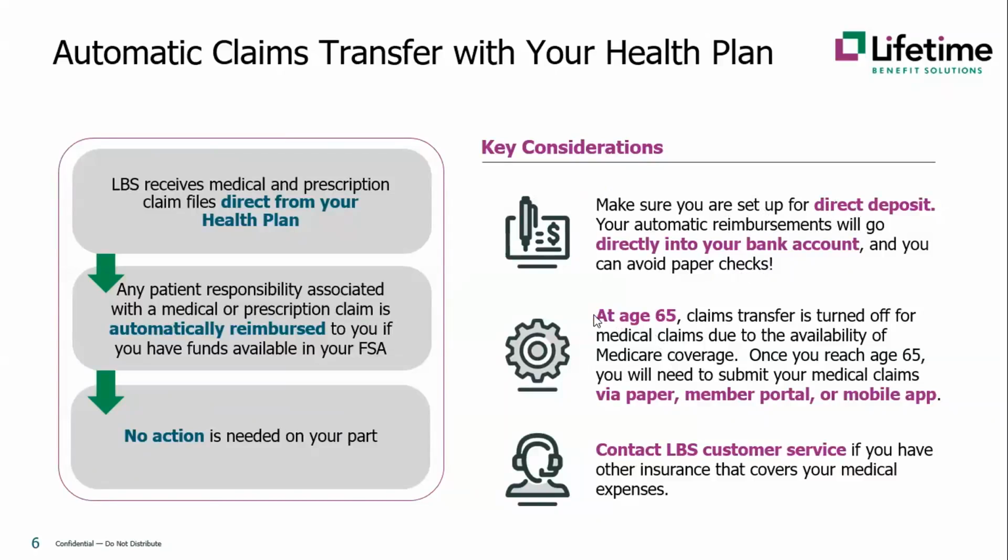Another thing worth noting is at age 65, we do have to turn off the medical claims or ACT transfer once you reach Medicare eligible age. So just be aware that at that point you would have to submit your medical claims. And then you should contact our customer service if you had any other medical insurance, such as Medicaid, that may cover a portion of your claims after they go to your health insurance carrier.